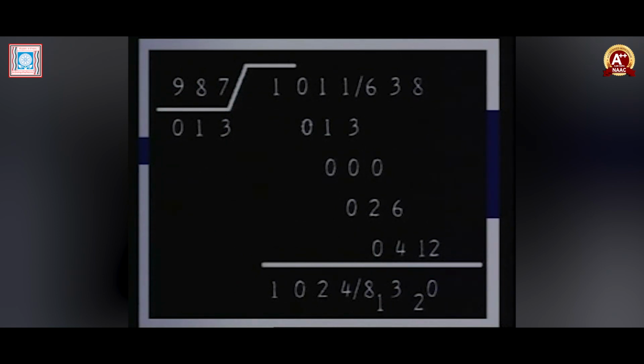Okay. Now when I add 12 to 8 I get 20. Yes. So I get only 0 and 2 carry, and this 2 carry, now I add to 3, I get 5. 5 plus 6 is 11. 11 plus 4 is 15. So here you find carry has not been added.